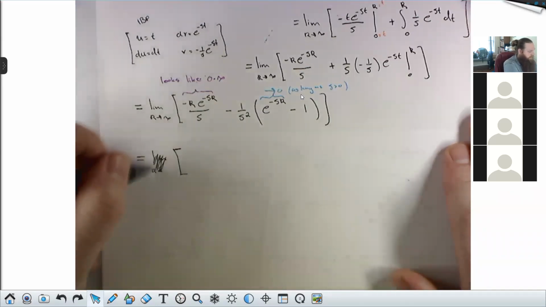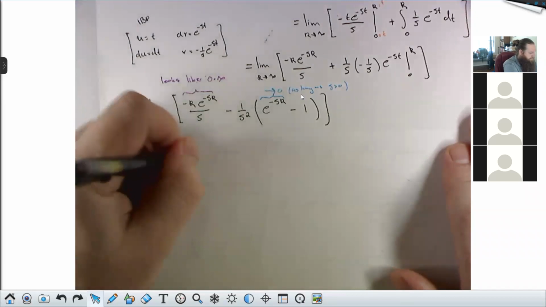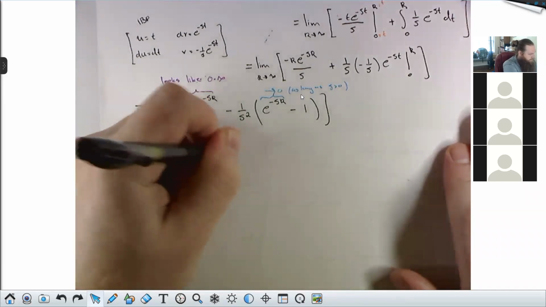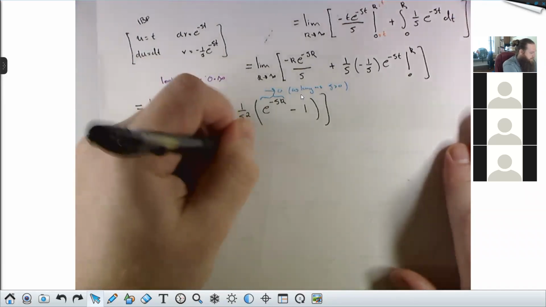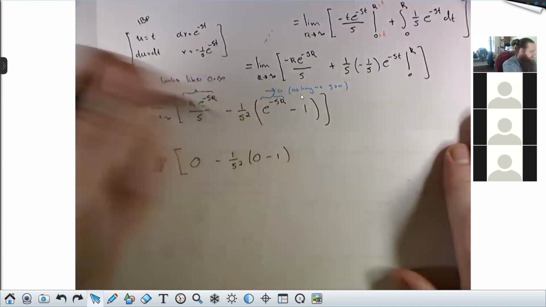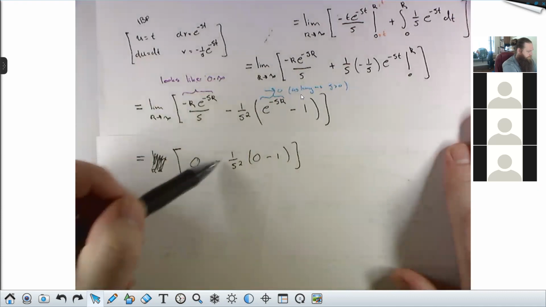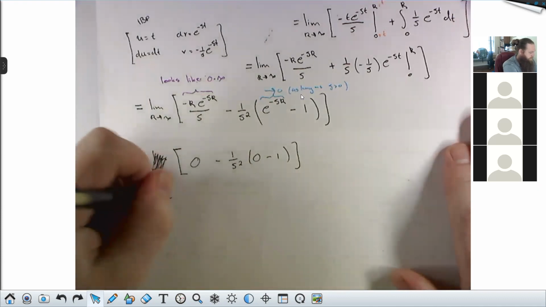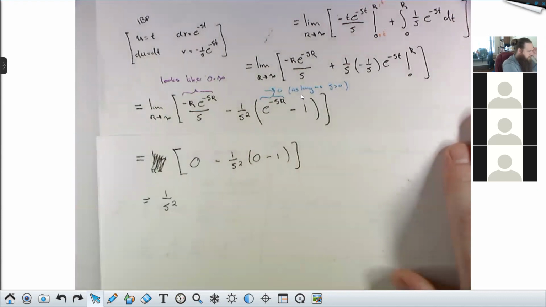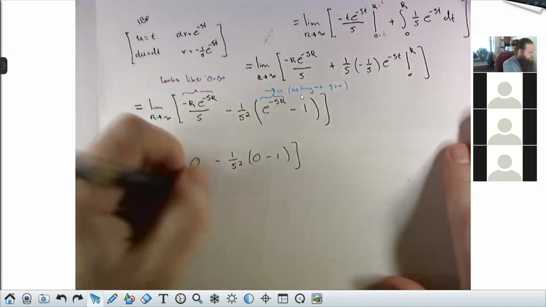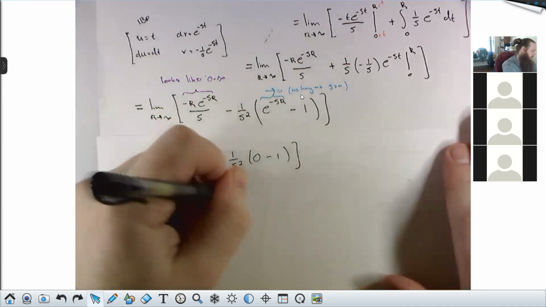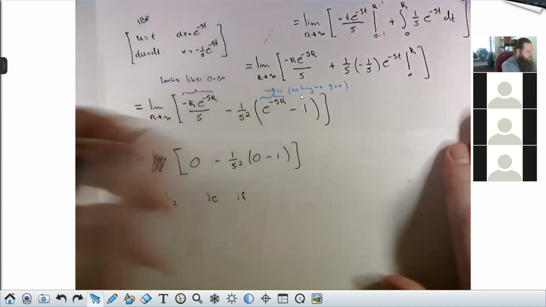All right, so our limit is now gone. We've calculated the limits. This first piece is 0, and this is minus 1 over s squared times 0 minus 1. So this is just negative 1 over s squared times negative 1, which is 1 over s squared. I'll use this other notation. We'll practice this.